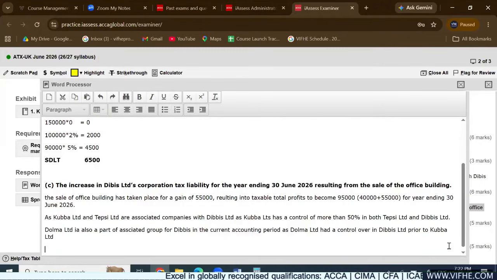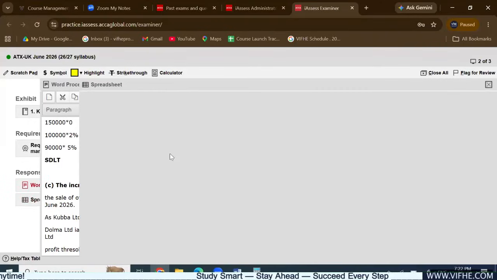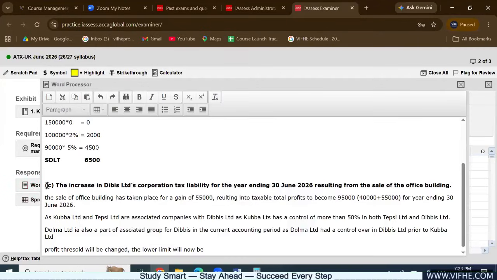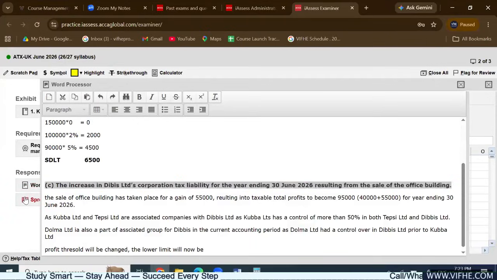So for this sake, I would say that profit threshold will be changed. And if you would like to show the calculation on the spreadsheet, that is totally welcome. And as I said, I'll be doing it now on the spreadsheet. The lower limit will now be, I'm going to copy the heading and paste it on the spreadsheet.